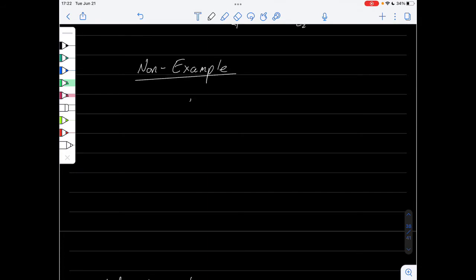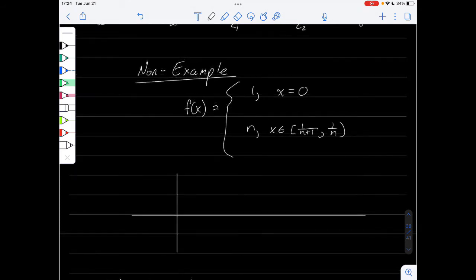we can look at the function f of x is equal to 1 over n on the interval. So our non-example here is f of x is 1 at x equals 0. And then it is n for x in the interval from 1 over n plus 1 to 1 over n.